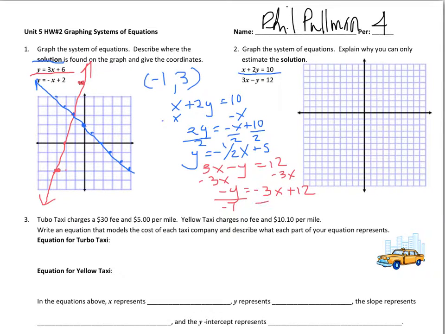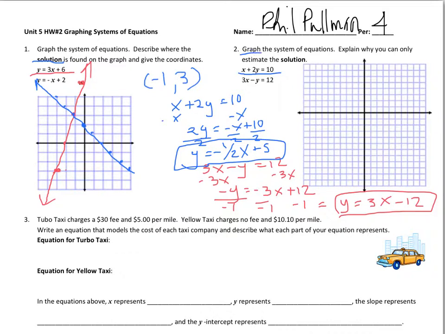I divide everything by negative 1, and I get y equals 3x minus 12. Here is one equation. Here is the other equation, which I have to graph and explain why we can only estimate the solution. What could they possibly be talking about there?